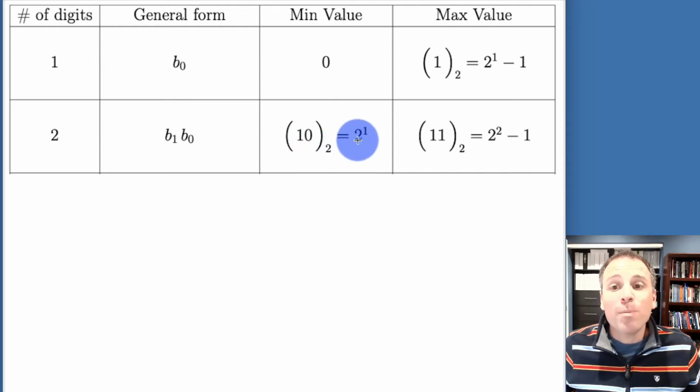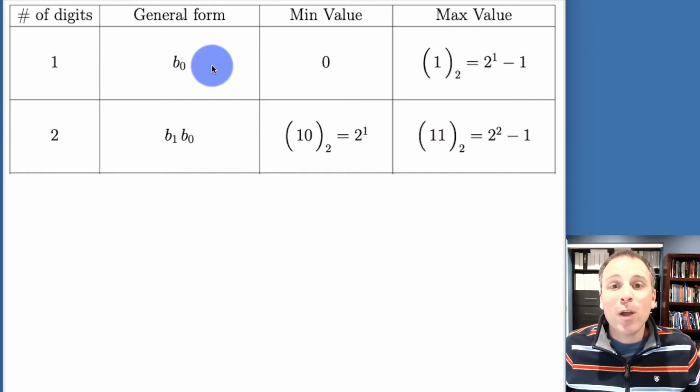In decimal, that would be 2 to the first, which is just 2, of course. And then the absolute largest value is 1, 1, since we max out that number when the most significant bit is 1 and when the least significant bit is 1. That value 1, 1 in binary is equivalent to the value 2 to the second minus 1. Well, 2 to the second is 4, minus 1 is 3. 1, 1 is the value 3 in binary.